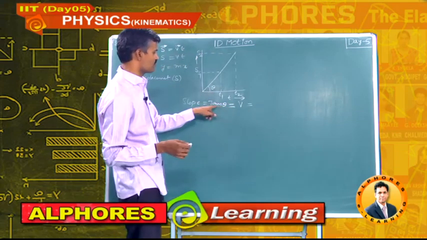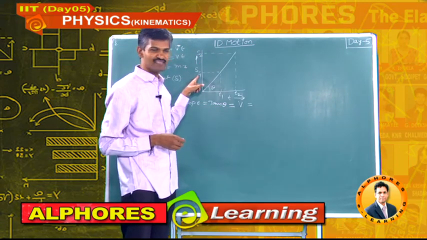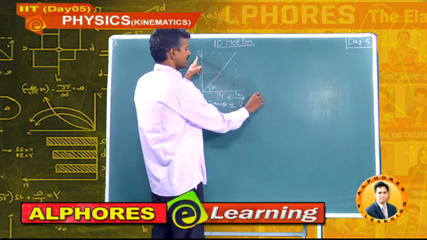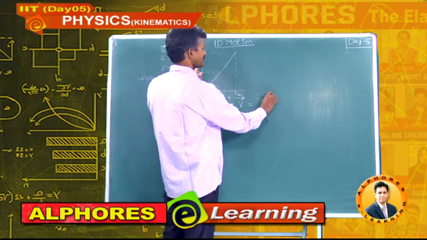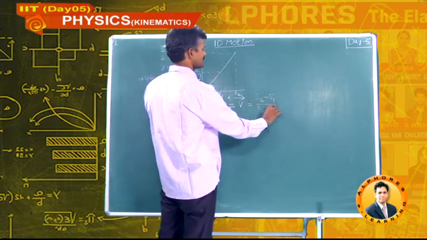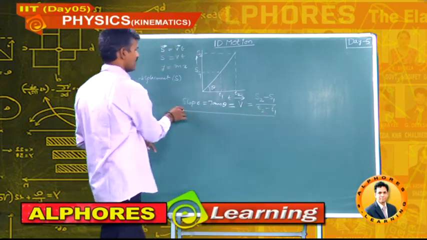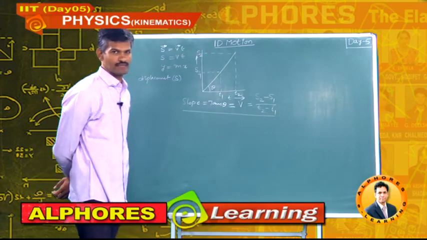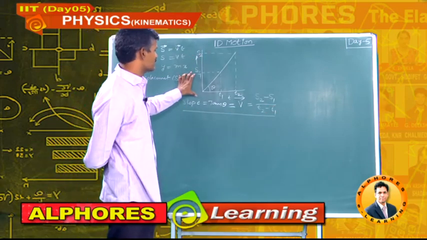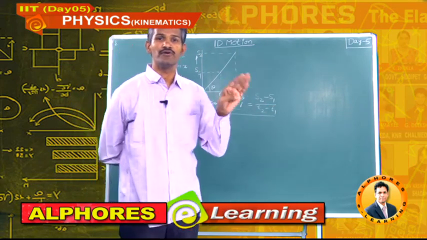This is nothing but the slope, y2 minus y1 by x2 minus x1, that is s2 minus s1 by t2 minus t1. This is the slope, or the velocity of the body. So, this is the displacement time graph. Slope gives the velocity of the particle if the body moves with a uniform velocity.